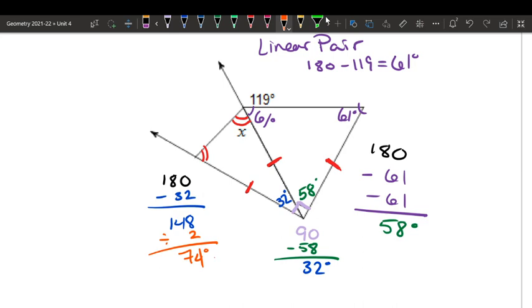So that means that each one of these has to be 74 degrees. So x is 74 degrees. We had to figure out every angle in that picture to find that.